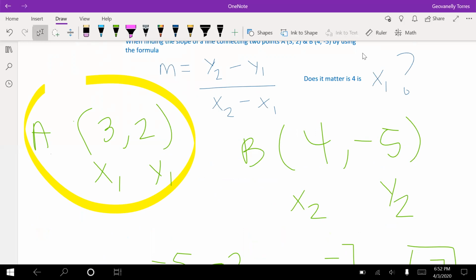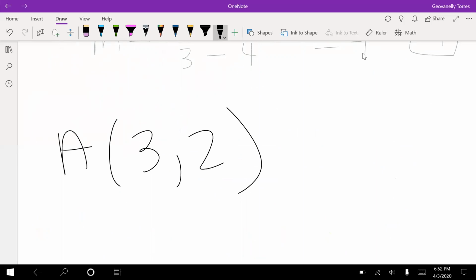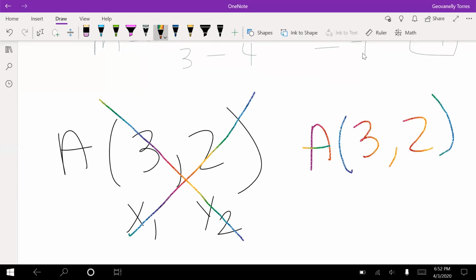Now, this becomes a problem if we have A as 3 and 2, and we set it as x1 and y2. This is not correct. So as long as we keep them the same, A has to be (3, 2), and it has to be x1 and y1 for it to stay the same.